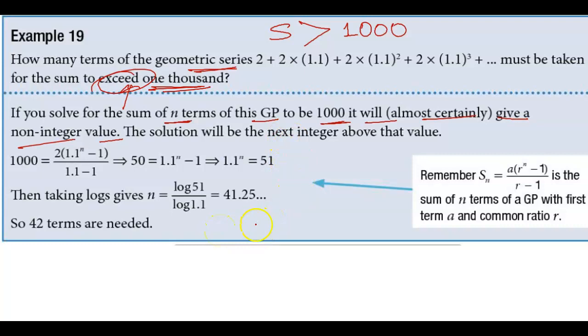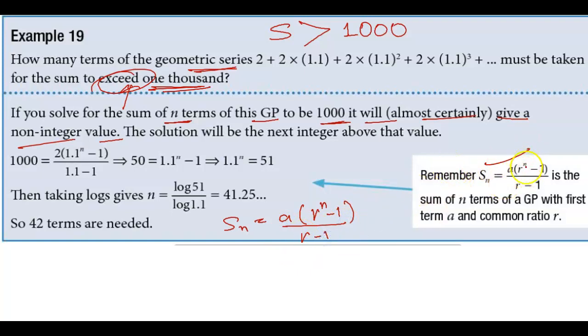You know the formula for Sn. What is the formula for Sn, children? Sn equals a, as the common ratio is greater than 1, I will write r raised to power n minus 1 upon, see here it is given to you all, r minus 1.